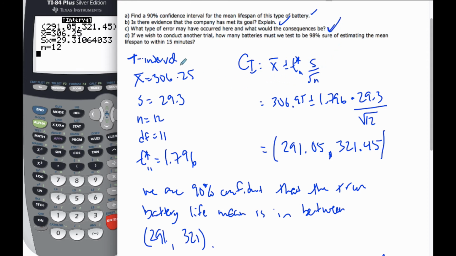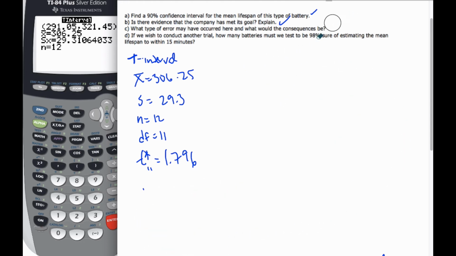And then finally, we wish to conduct another trial. How many batteries must we test to be 98% sure of estimating the mean lifespan to 15 minutes? Well, if I'm going to do that calculation, that means I am looking for n.